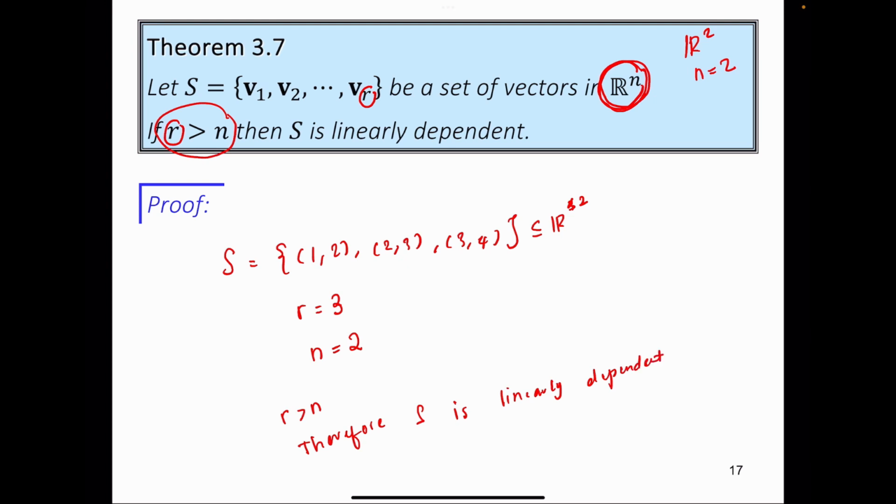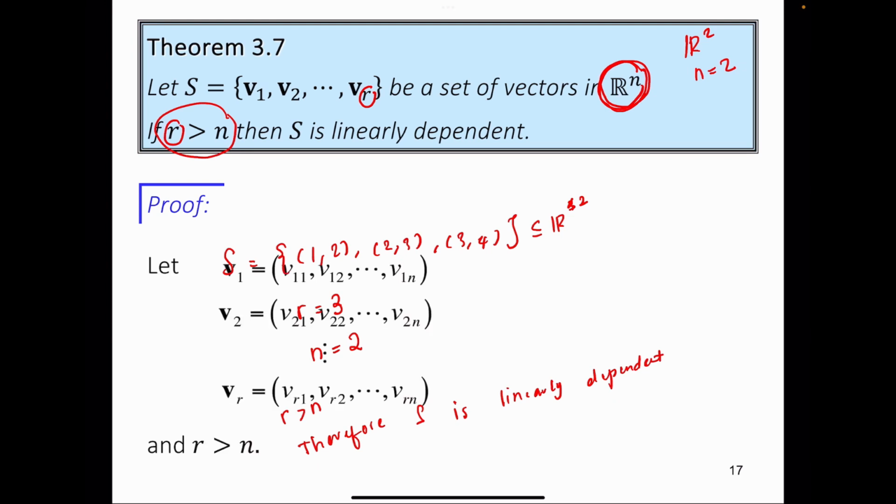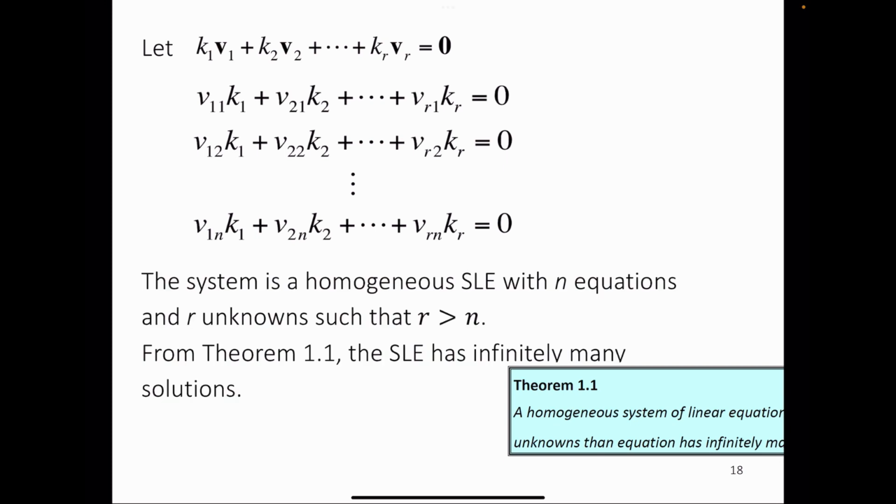You don't have to prove it by using the definition of linear dependence. This theorem says that the set S is linearly dependent. I leave the proof for you to understand everything in detail. Okay.